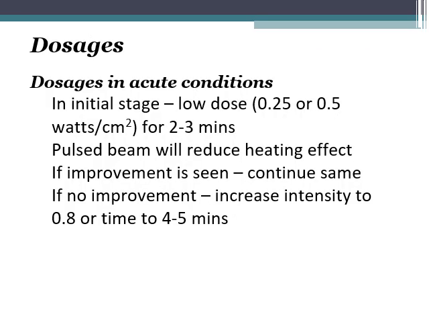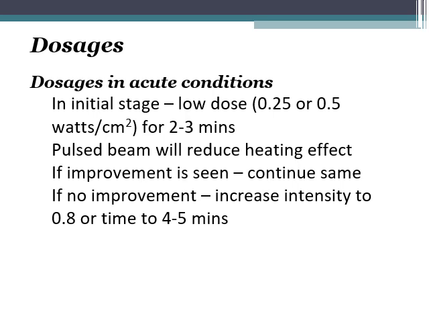Now let us learn about dosage setting. So dosage in acute conditions. Acute means we are considering up to 15 days. So symptoms from first to 15 days, then we consider it an acute condition.